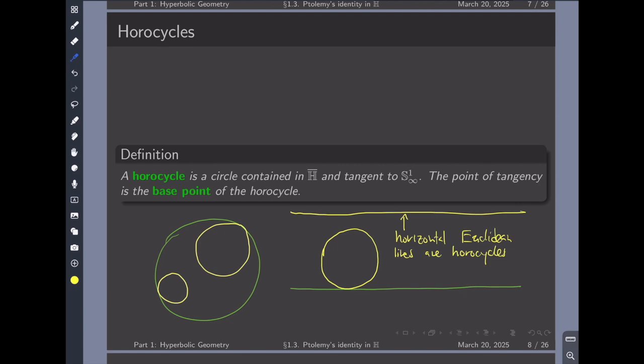There are intrinsic definitions. If I remember correctly, an intrinsic definition would be a curve with a constant positive curvature. You can have a look at the Wikipedia page about horocycles.